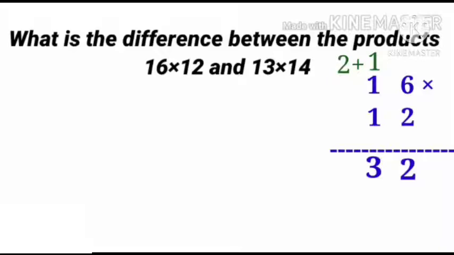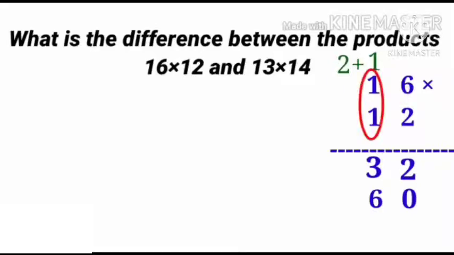The next step, we have to multiply 1 by 16. Before starting to do this, leave ones place empty and put 0 in the ones place, because we are doing the multiplication of tens place. 1 into 6, 6. Write 6 in the tens place.